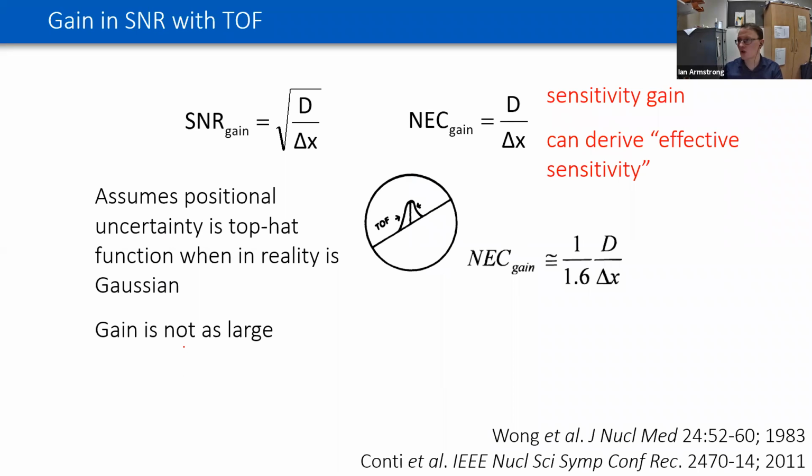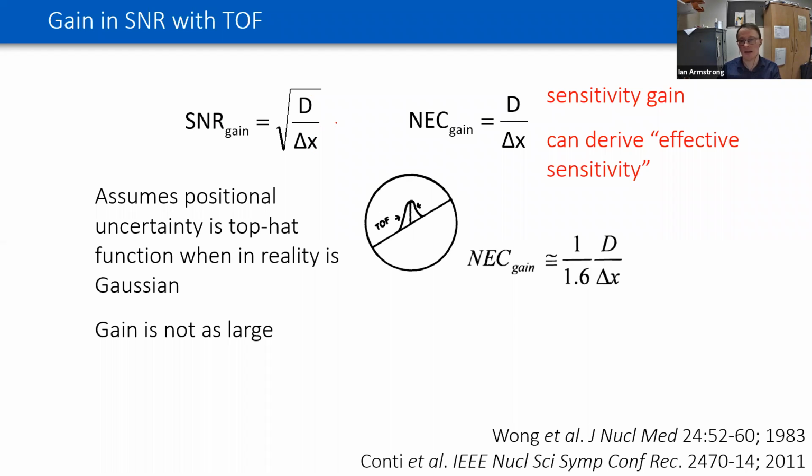So what does time of flight do for us? Well, when the theory of time of flight PET came around, it was demonstrated that it would improve image signal to noise ratio, which is effectively a reduction in image noise. This was dependent on two things, namely the object diameter, D, and the positional uncertainty of the positron annihilation, delta x.